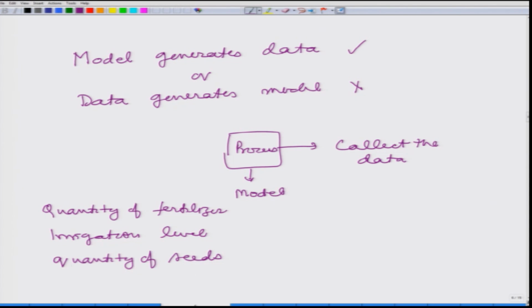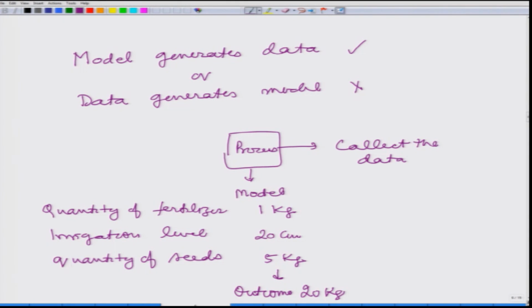These are the 3 variables we consider, and we assume that they are going to affect the yield of a crop. So suppose I use 1 kg of fertilizer, and I put 20 centimeters of irrigation, and I use 5 kg of seeds, and based on that I observe some outcome of the yield. Say suppose I get 20 kg of yield.